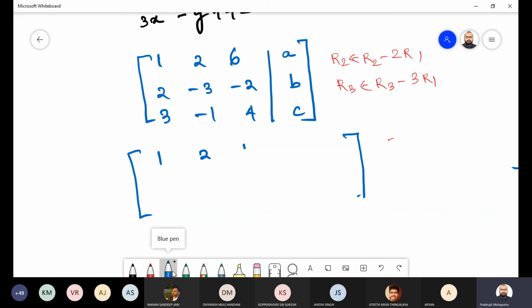If you are doing the same operation, then R2 equals R2 minus 2R1.